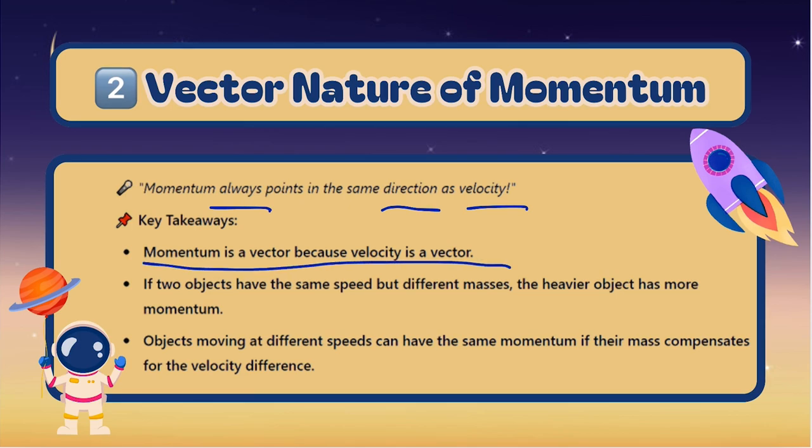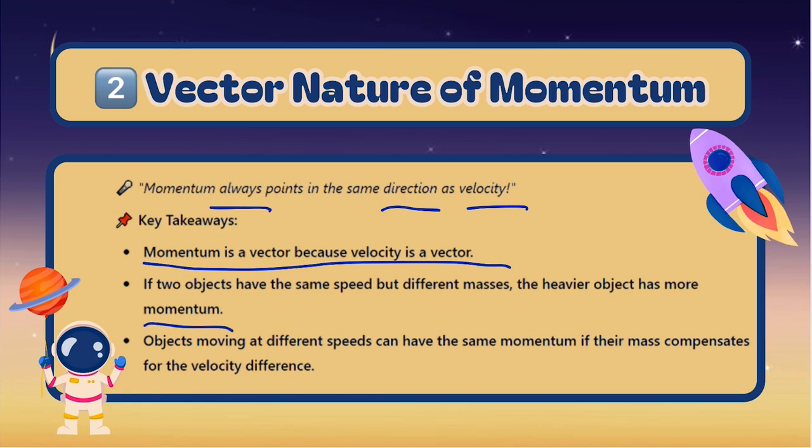If two objects have the same speed but different masses, the heavier object has more momentum. So it's like we are moving with the same velocity, but the man who has the highest mass is going to have more momentum.